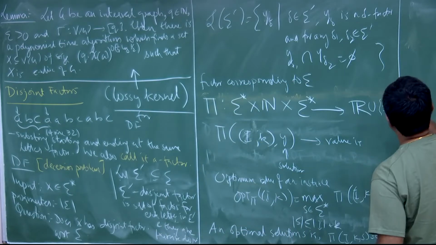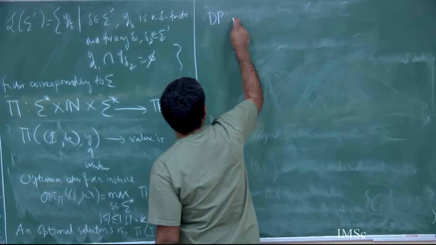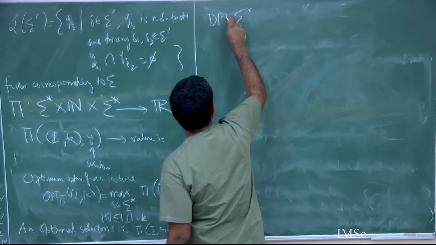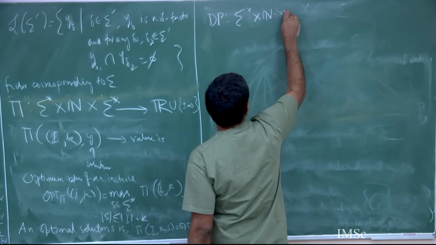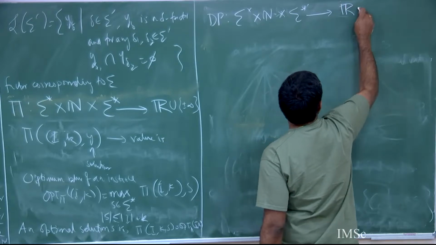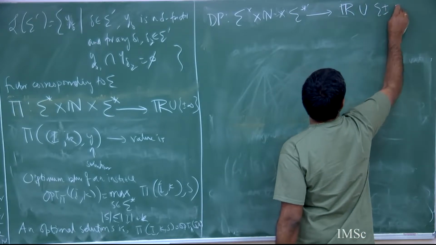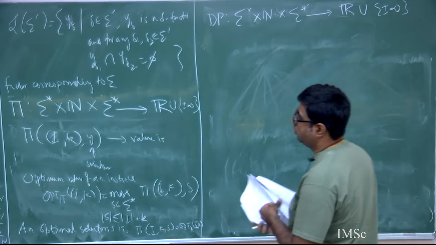So what is an optimization function? I have to define a function from sigma star cross natural numbers times sigma star to the integers. How do I define this? What is the input to disjoint factor?